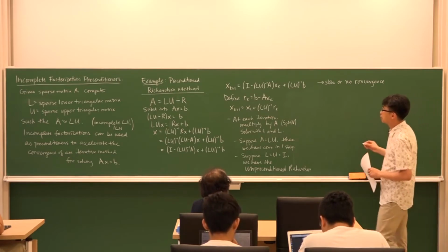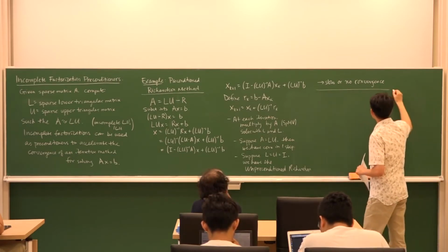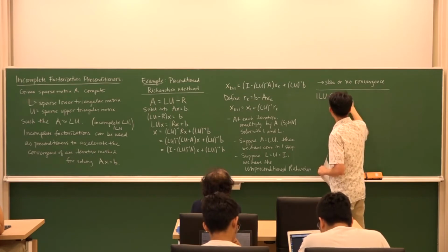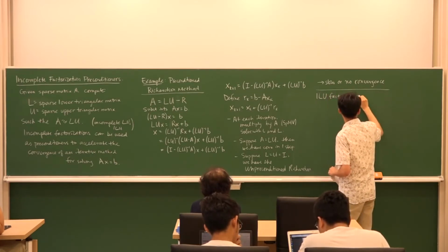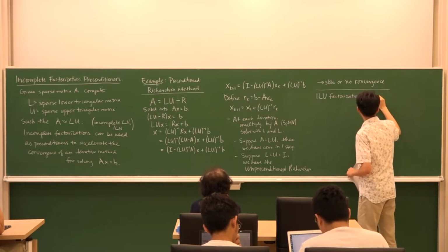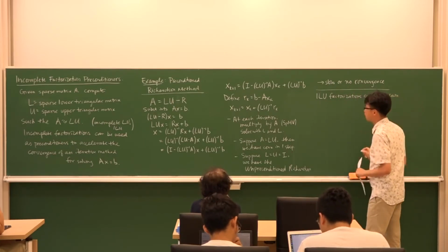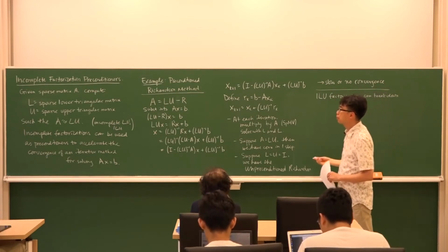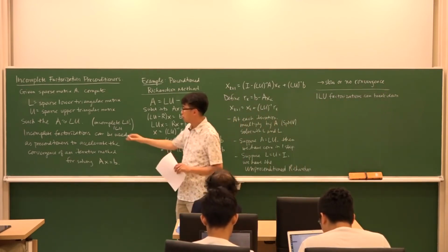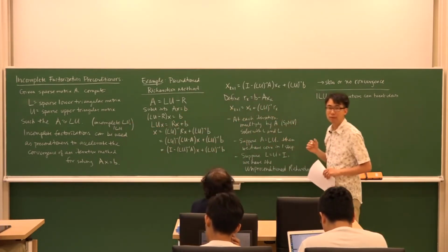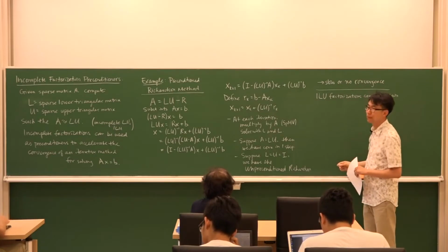A couple of important things to note about ILU factorizations is that they can break down, meaning as you're trying to compute an ILU factorization, typically using a Gaussian elimination type of process, you might encounter a zero pivot, right? And then it will break down.